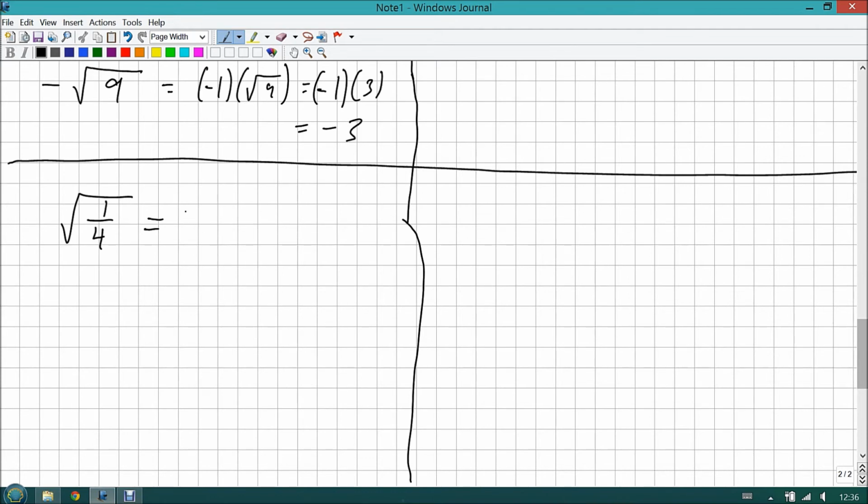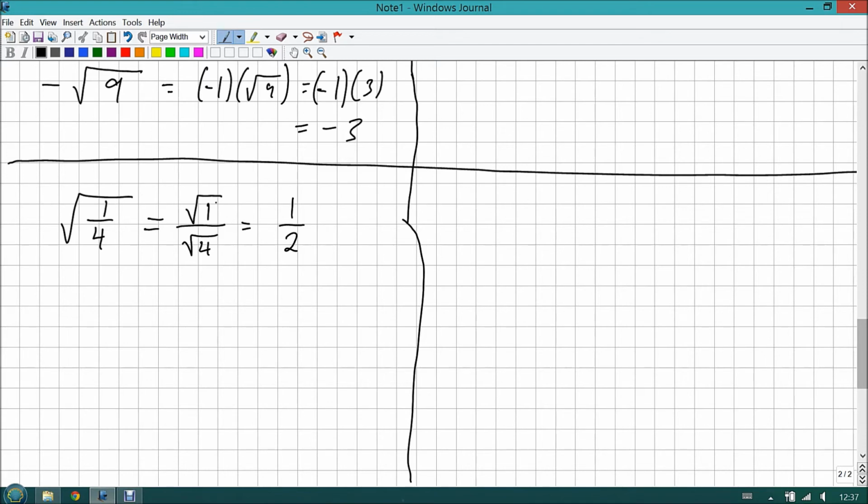The easiest way is to break it into 2 square roots: the square root of 1 divided by the square root of 4. When we do that, we can easily figure out what the square roots are. Square root of 1 is 1, and the square root of 4 is 2. So the square root of 1/4 is equal to 1/2. Easy as pie? Yep, I thought so.